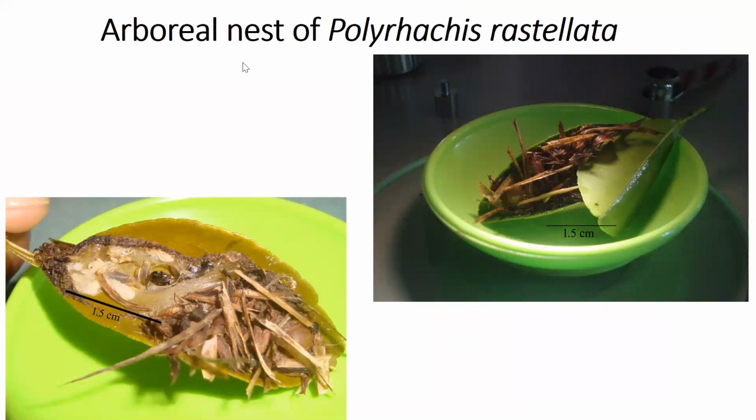Then this is one of the arboreal ants, Polyrhachis rastellata, present in Sri Lanka. I picked the nest from lime trees, and it's amazing, this is the structure that you see. I have removed the upper cover because usually this part is covered by the upper leaf. Can you see that structure? We can do it, but how can ants do that? But they do it. Look at this, this is amazing.